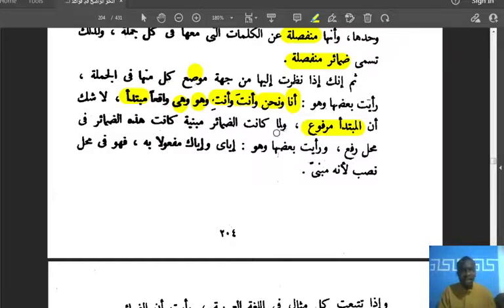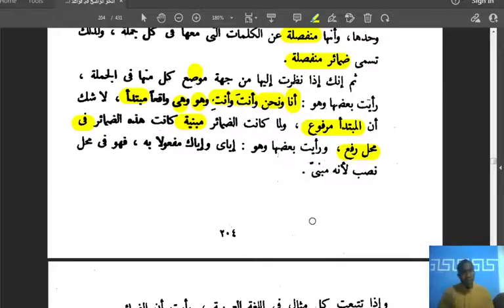It takes ضمة. ولما كانت الضمائر مبنية كانت هذه الضمائر في محل رفع. So since the pronouns are mabniya, indeclinable, they don't change their ending vowels, when you do their i'rab, you end up saying fi mahalli raf'.